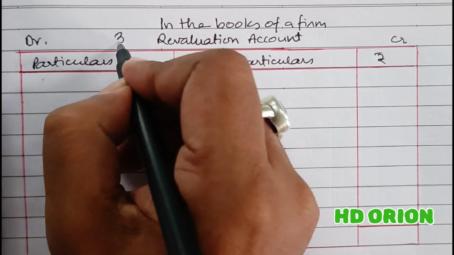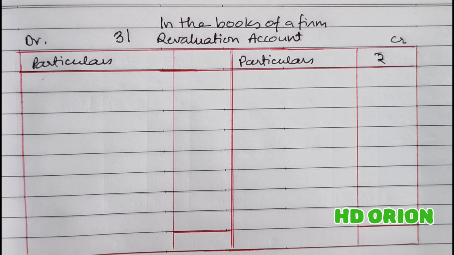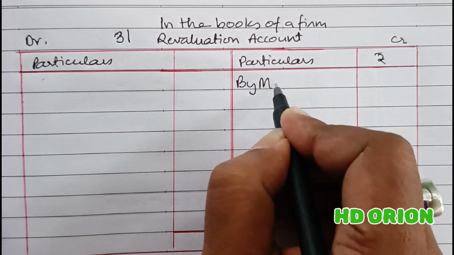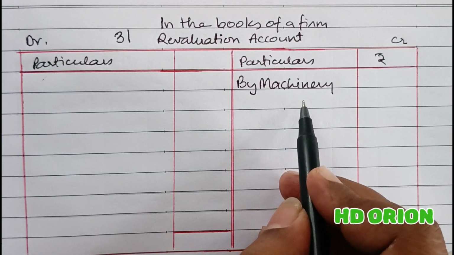So solution 31, revaluation account we will prepare. See point B. Machinery and stock be revalued at rupees 45,000 and rupees 8,000 respectively, and both are increasing. Fine. The value of it is more than what is given in the balance sheet. So increasing, so by machinery I will write here, because it is an increase in the value of asset.